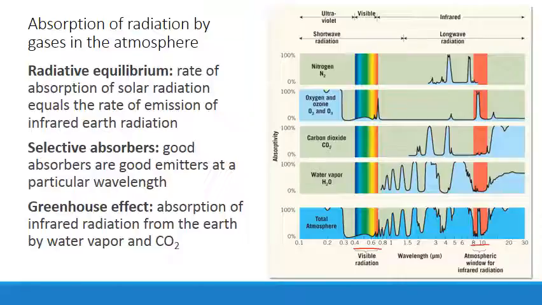Because the atmosphere is largely transparent to solar radiation, but more absorptive of long-wave radiation emitted by the Earth, the atmosphere is heated from the ground up. I'm going to restate that. Because the atmosphere is largely transparent to solar radiation, lets it all through, but absorbs long-wave radiation that is emitted by the Earth, the atmosphere is heated from the ground up.